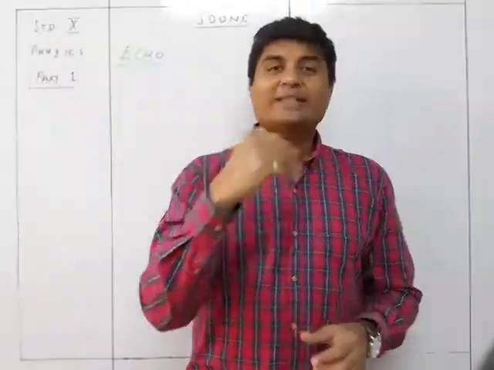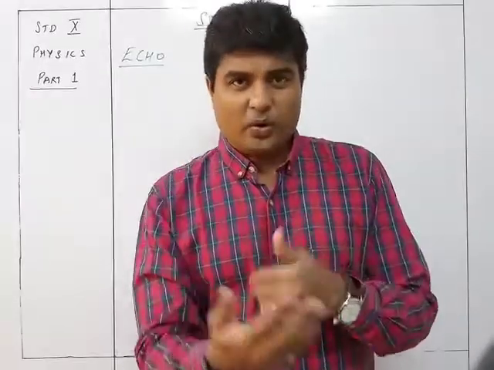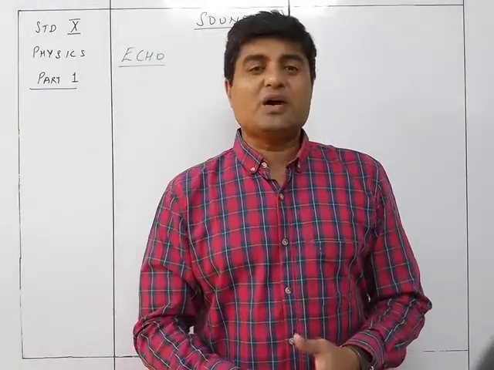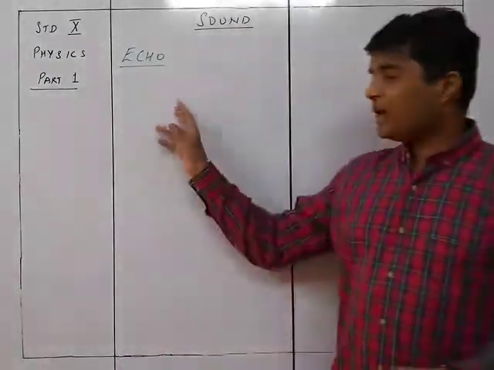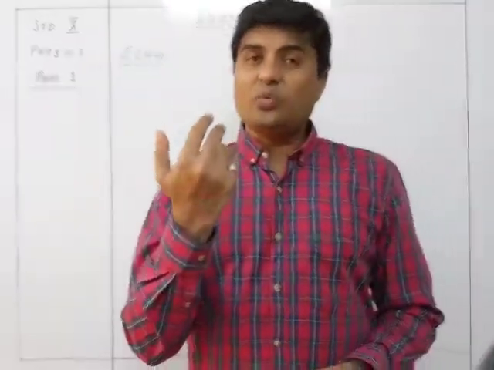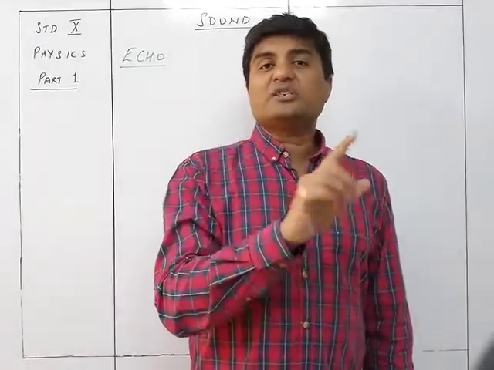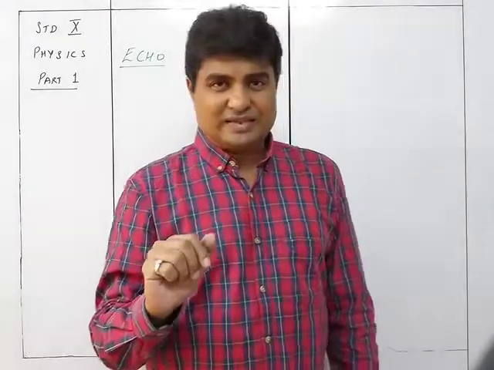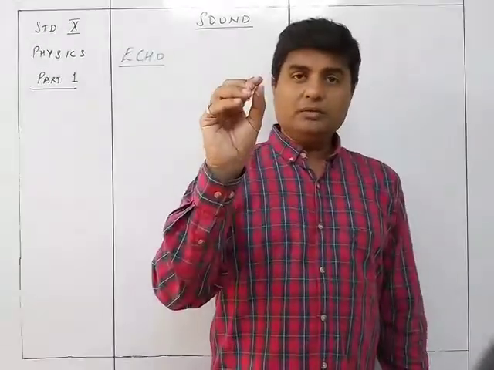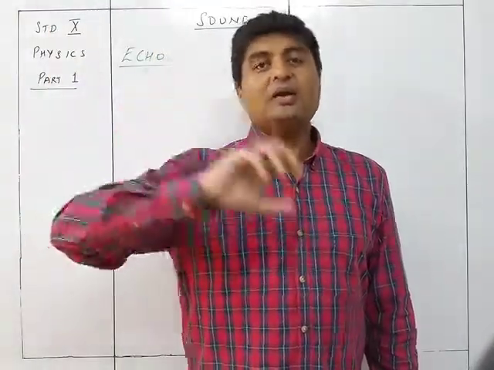So that particular kind of effect that you get is called an echo. So an echo is that particular reflected sound which is heard distinctly after the first sound has completely ceased to exist. So Bhavin, then a little gap, and then Bhavin again, that is an echo.